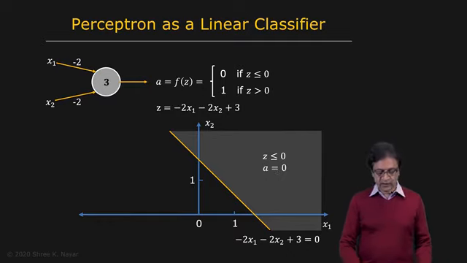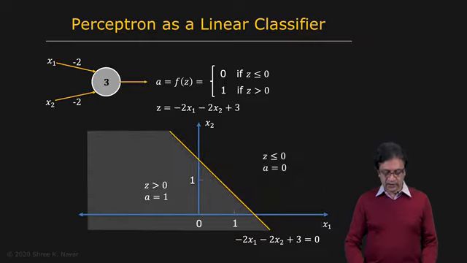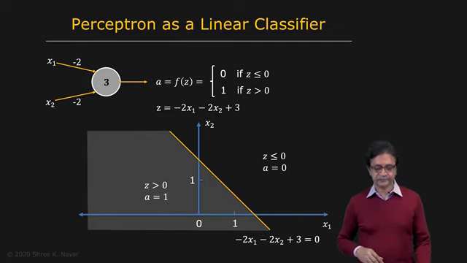If it lies on the left side of the line, the output is equal to 1. It's a linear classifier. By simply changing the weights and the bias, you can change the position and orientation of this line, and therefore you can change the classifier.